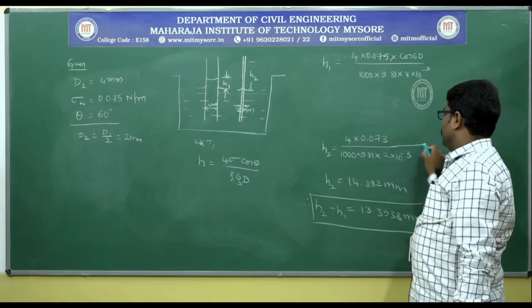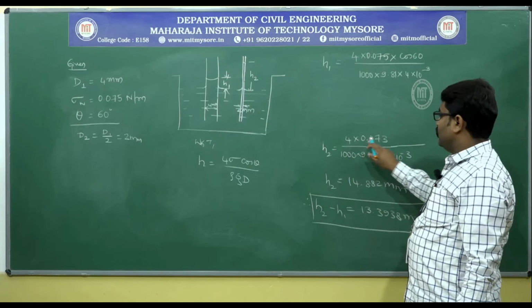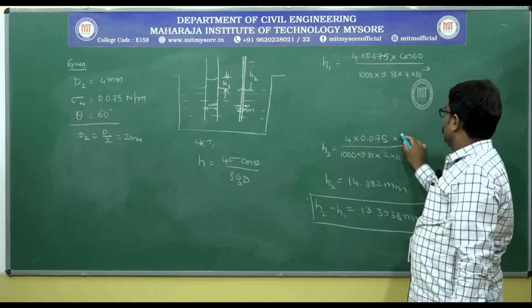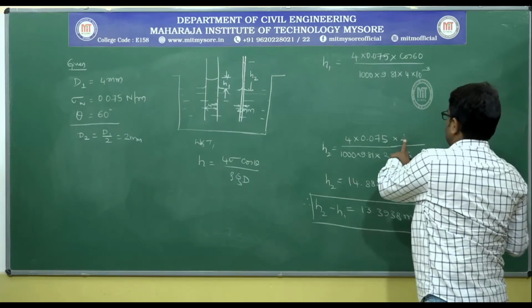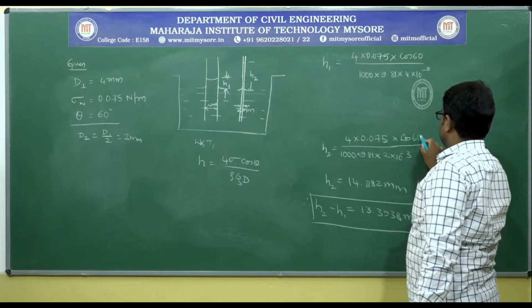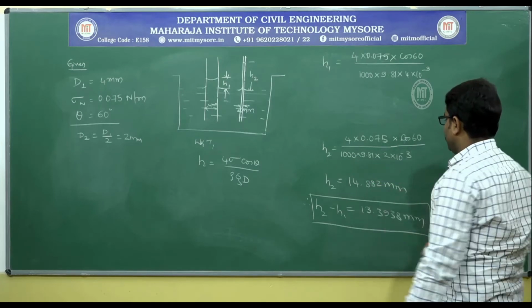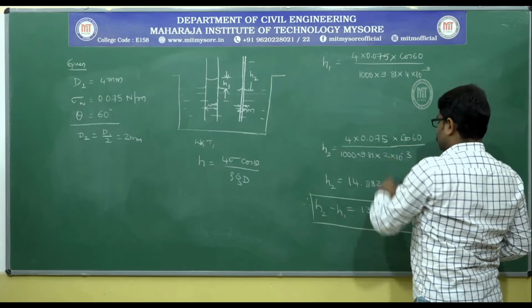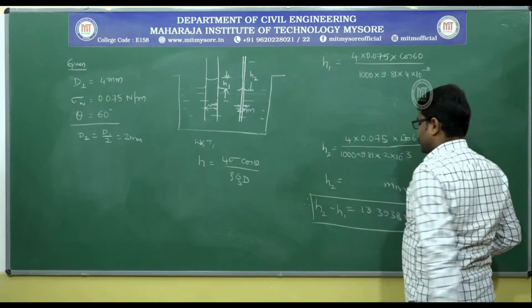Similarly H2 has to be 4 into 0.075 into cos 60 divided by 1000 into 9.81 into, when it is reduced to half, it is 2 millimeter, that is 2 into 10 power minus 3.